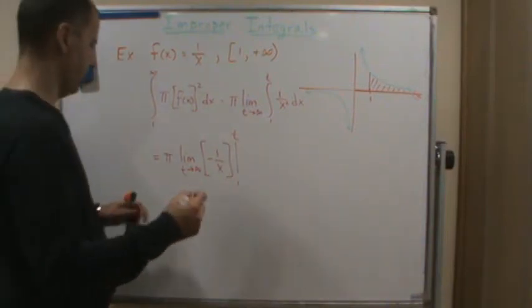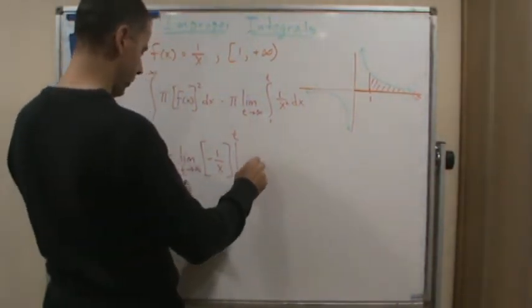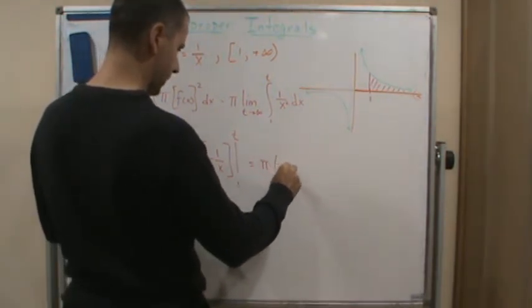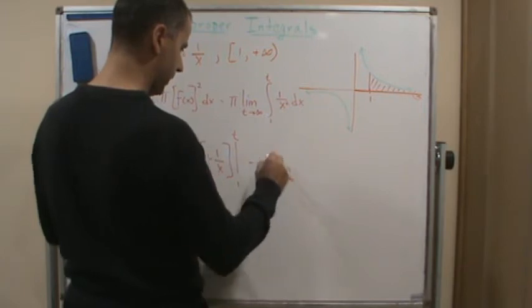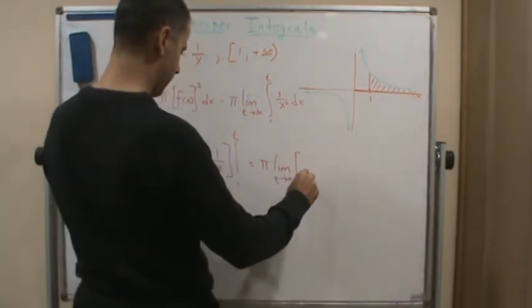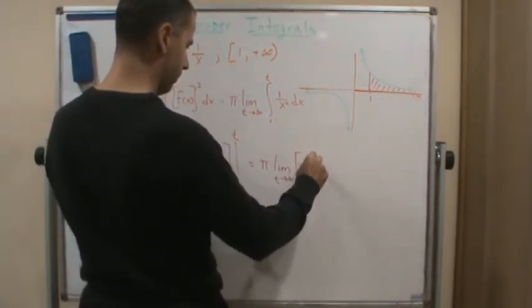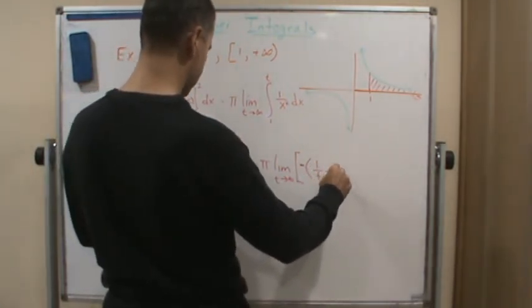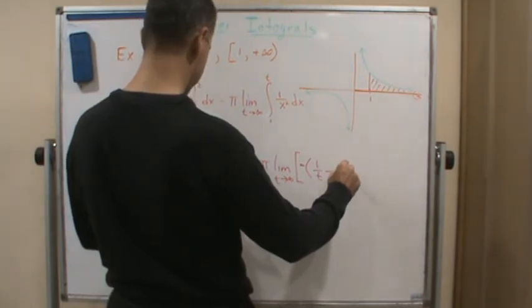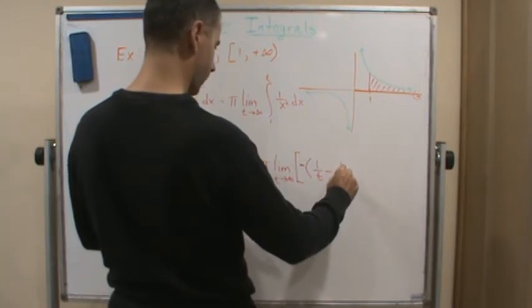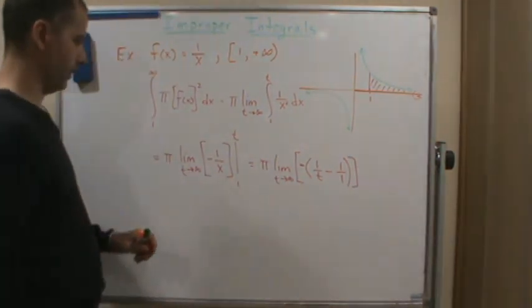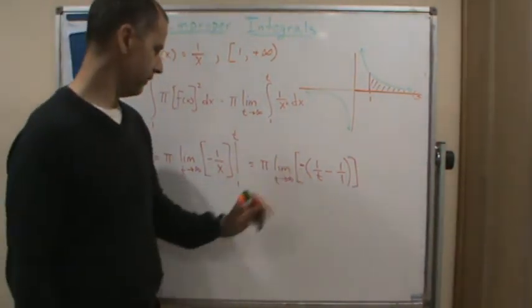Now I'm just going to use the fundamental theorem of calculus, and I get pi times the limit as t approaches infinity, and now this is going to become negative 1 over t minus negative 1 over 1. So I pulled the negative out.